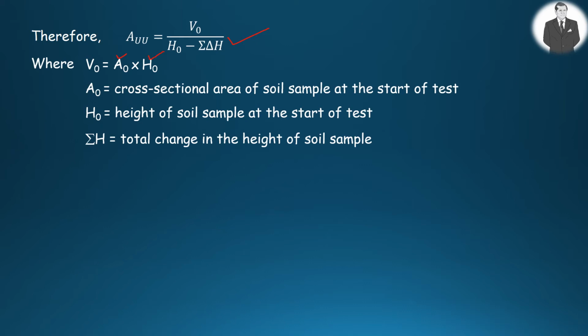A sub 0 is the cross-sectional area of soil sample at the beginning of test. H sub 0 is the height of soil sample at the beginning of test. Sum H is the total change in the height of soil sample.